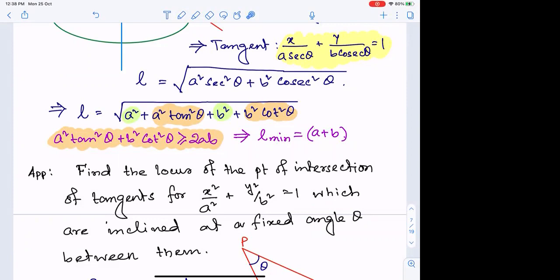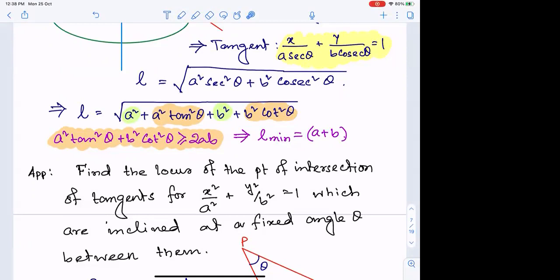So it is m1, m2, the slopes of the individual lines, which are going to play an important role. So how should we address the tangents in general? In terms of slope. The next idea is the tangent in terms of slope for any second degree curve.